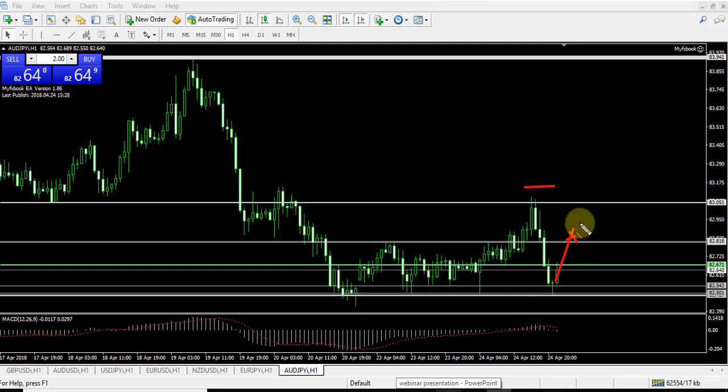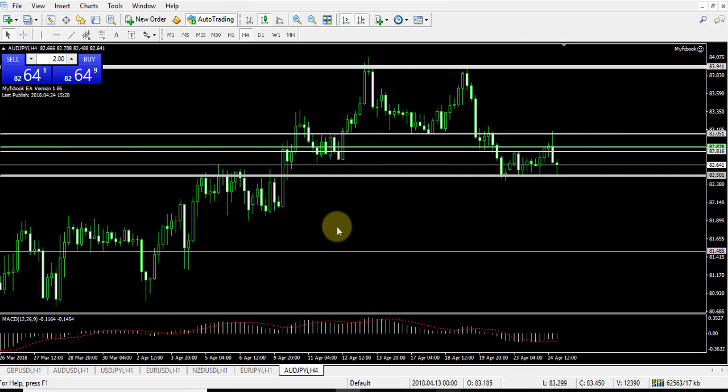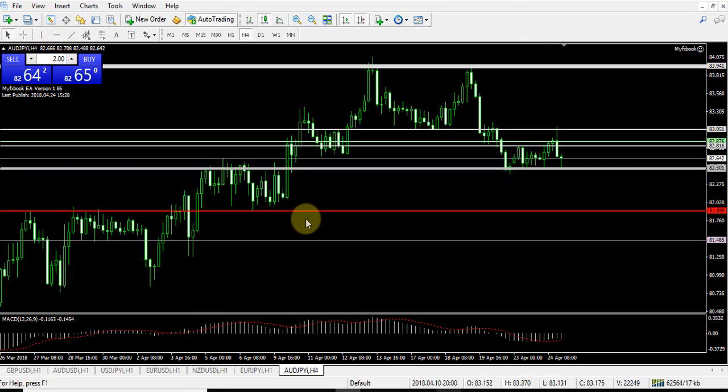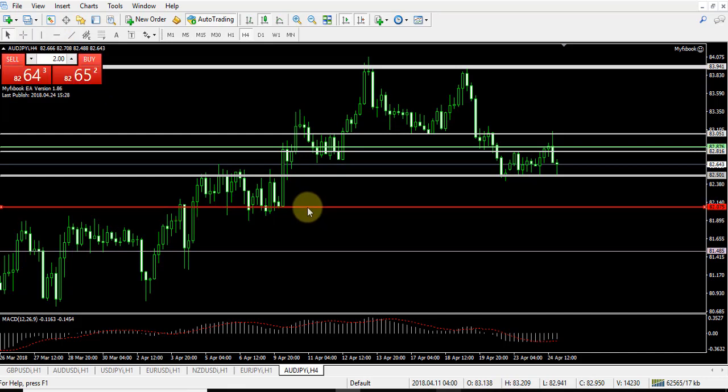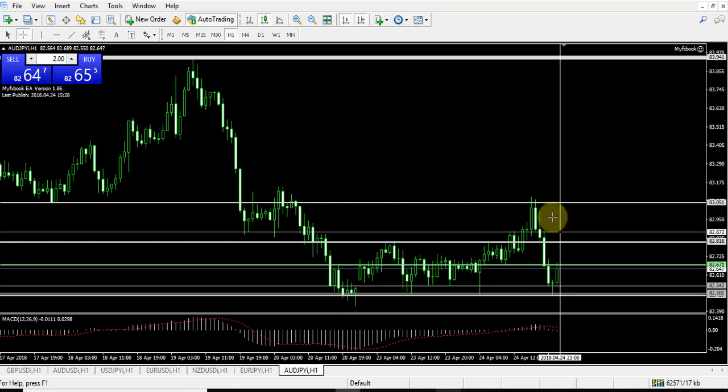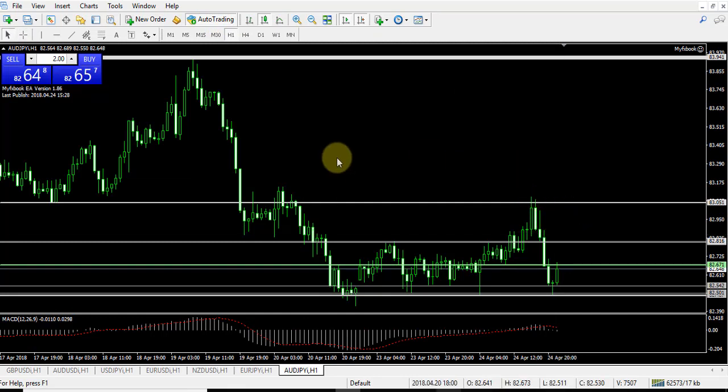My stop loss will be there, and then I'll be making a trade at this point, and then my take profit is going to be around here. So if that happens, we're looking at not much, 75 pips in profit, but on the risk side, we'll be looking at around 20 to 25 pips on risk, and about 75 pips on the profit side.